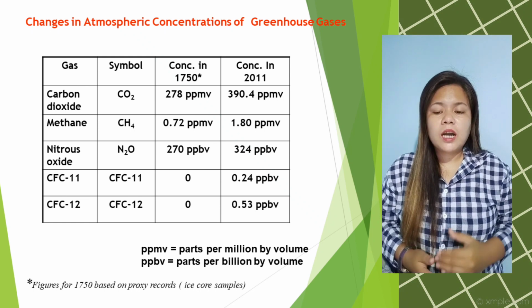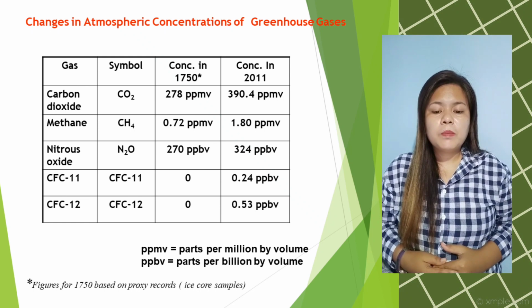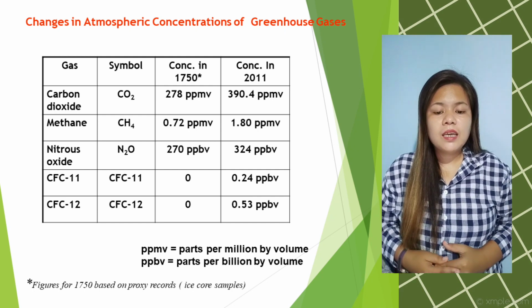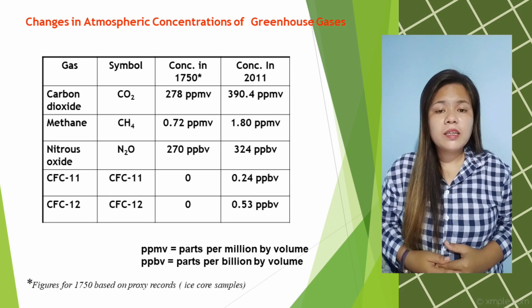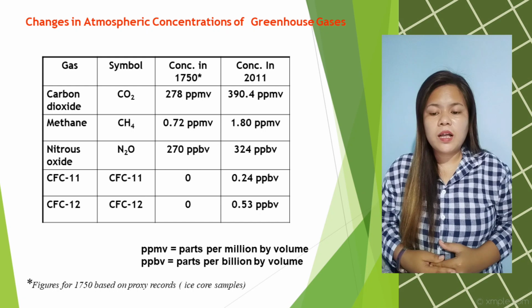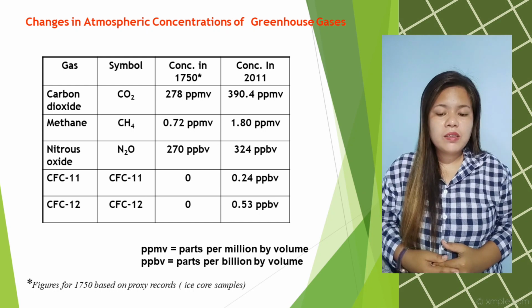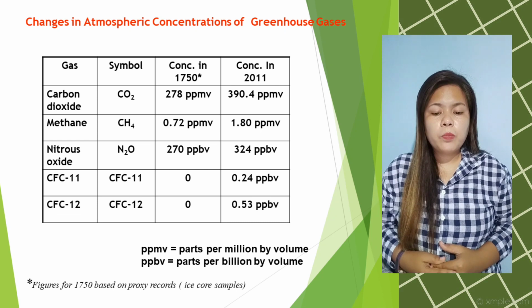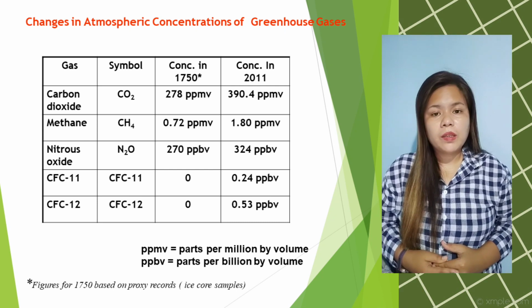Example, the carbon dioxide. Its ppmv in 1750 is 278 and it increases to 390.4 ppmv in 2011, as well as the CFC11 from 0 ppbv to 0.24 ppbv in 2011.